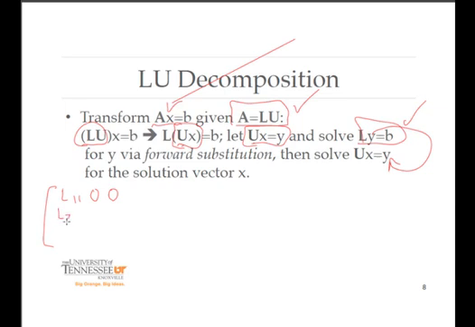L21, L22, 0, and then the last row would be indexed L31, L32, and L33. Again, these are just general placeholders.